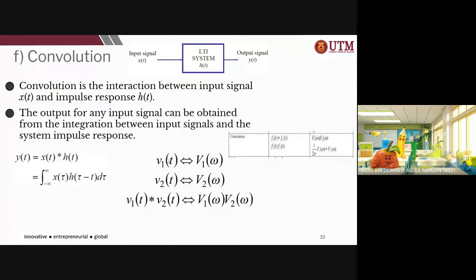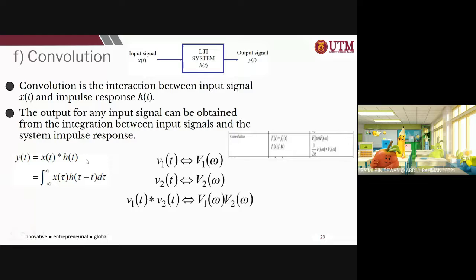However, in the frequency domain it is easier. If you convert x, h and y to the frequency domain, the convolution is just a multiplication: X(omega) times H(omega) gives Y(omega).